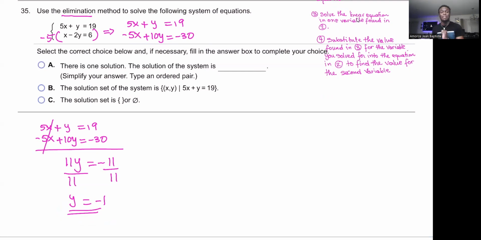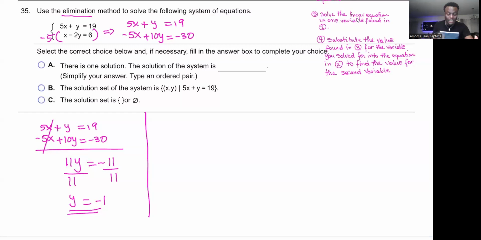To eliminate y, think about what to multiply, which equation to multiply by what to eliminate the y. Pause the video and think. So eliminating y would involve multiplying the first equation by positive 2, because I want something with the y term that is the same number and opposite sign, so that when I add the two equations, it cancels out my y.